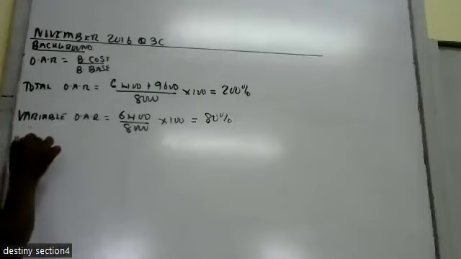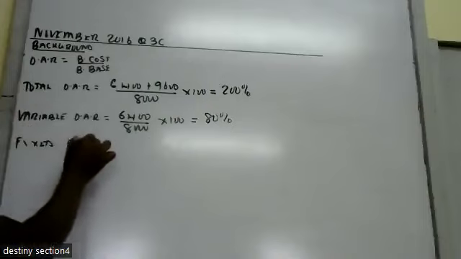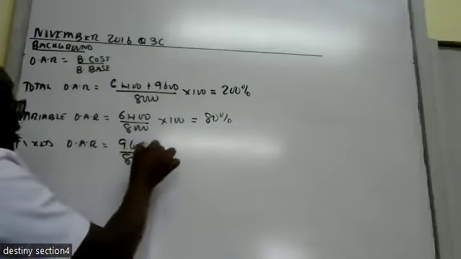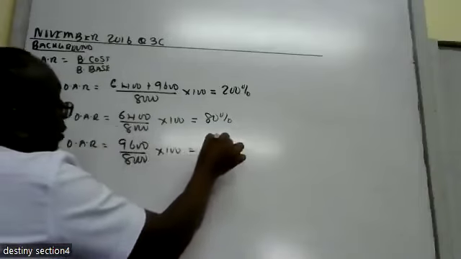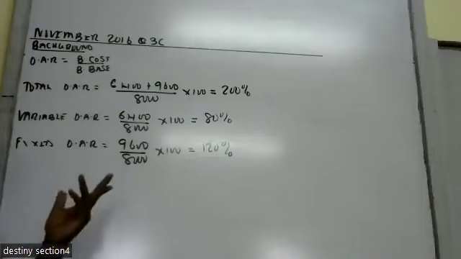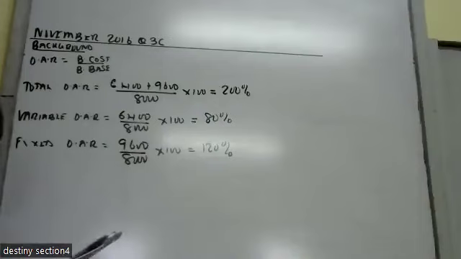Alafu for the fixed OAR, utachukua 9,600 divided by 8,000 times 100. Tell me whether it is 120%. Sasa hii inafanya tu just for background.